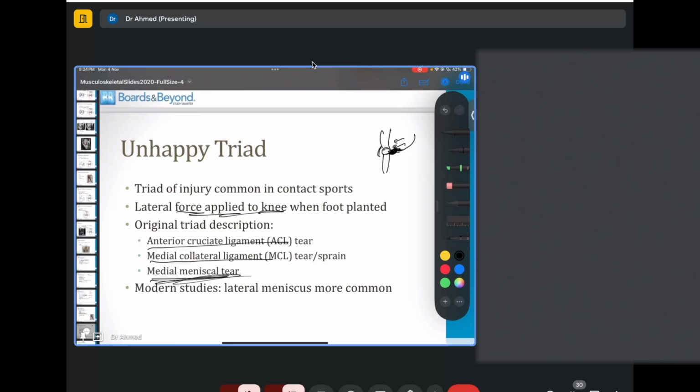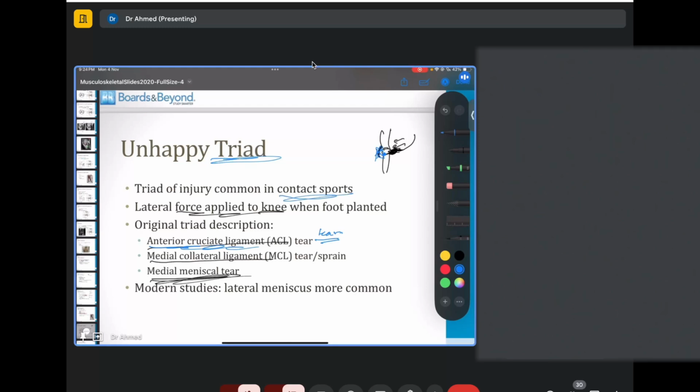So the impact would be on your medial side, right? The medial side is going to injure the medial collateral ligament, and as well as that, the commonly injured anterior cruciate is also going to be torn, right? And the medial side meniscus is also going to be affected. So this is basically known as unhappy triad. You are going to see three things in unhappy triad in contact sports.